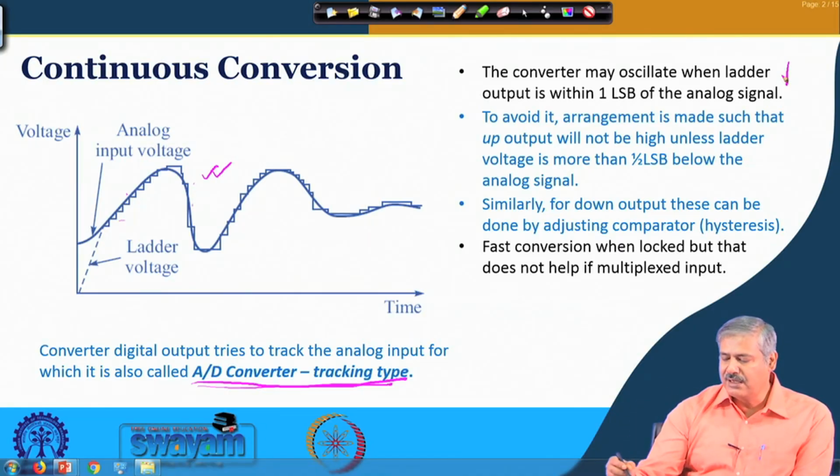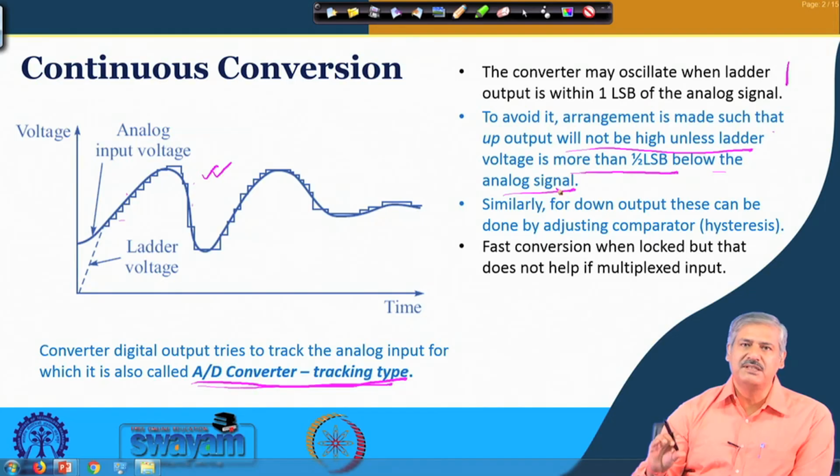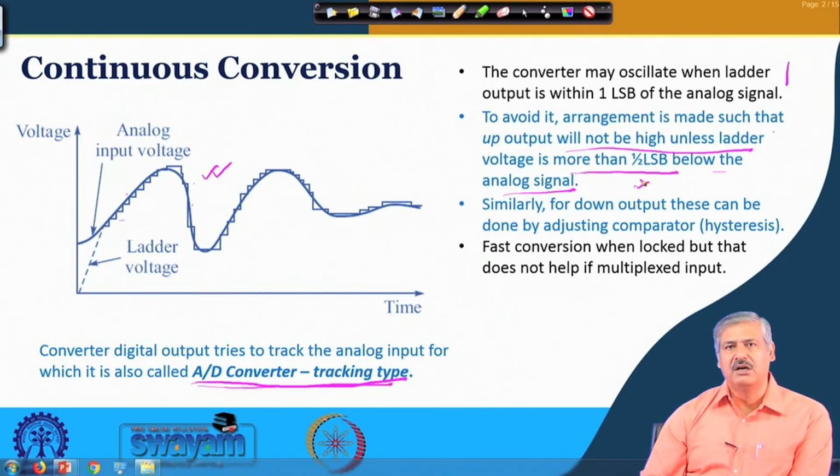So, to avoid that, special arrangement is made, such that the up output will not be high unless ladder voltage is more than half LSB below the analog signal. Okay. So, this is something that is included in the circuit in addition, right. So, this avoids oscillation, and similarly for the down output generation. Okay. So, the same thing is done.